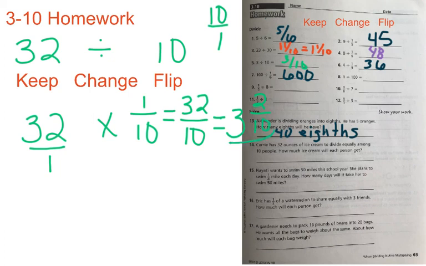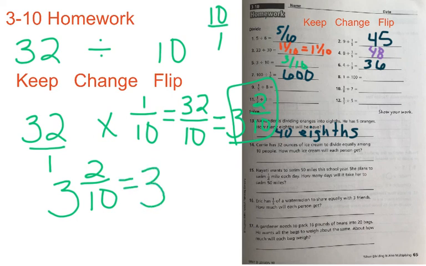Now here I have a 3 and 2/10, and so I know that 3 and 2/10 can be simplified because 2 can go into both 2 and 10. So it becomes 3 and 2 can go into 2 1 time, and 2 can go into 10 5 times. So it becomes 3 and 1/5. So 3 and 1/5 ounces. O-U-N-C-E-S, ounces.